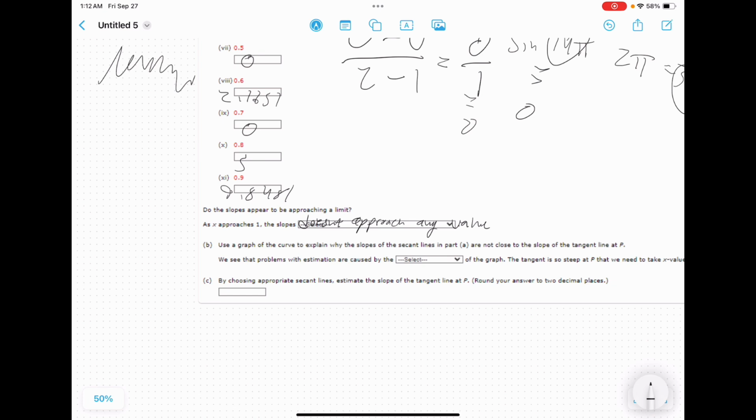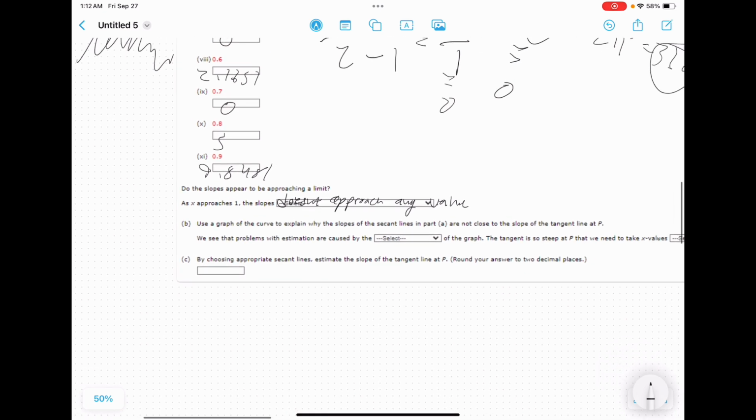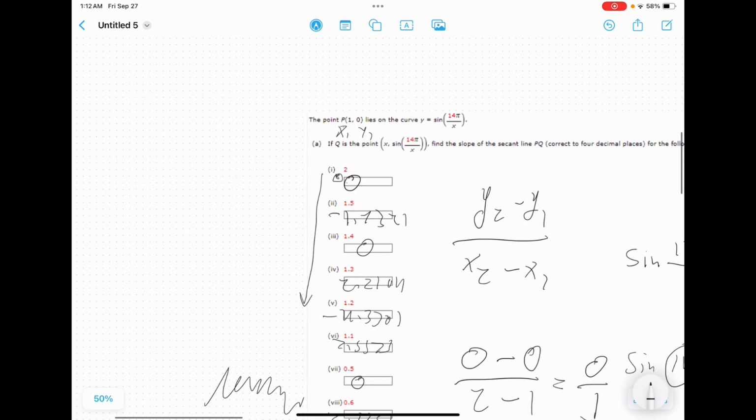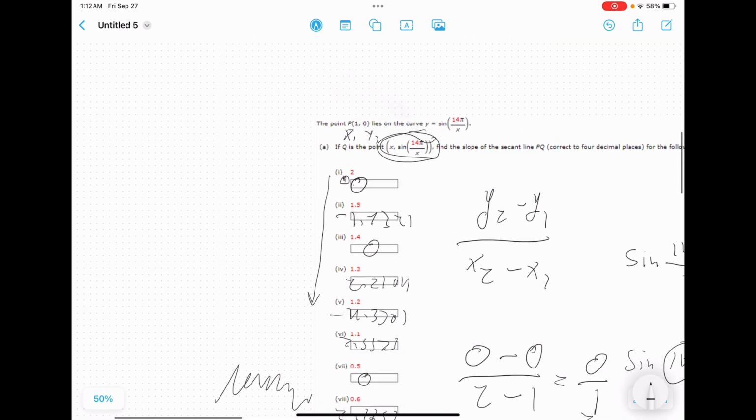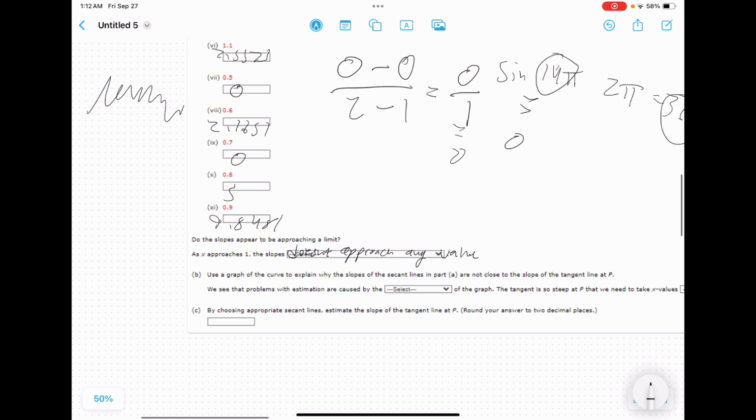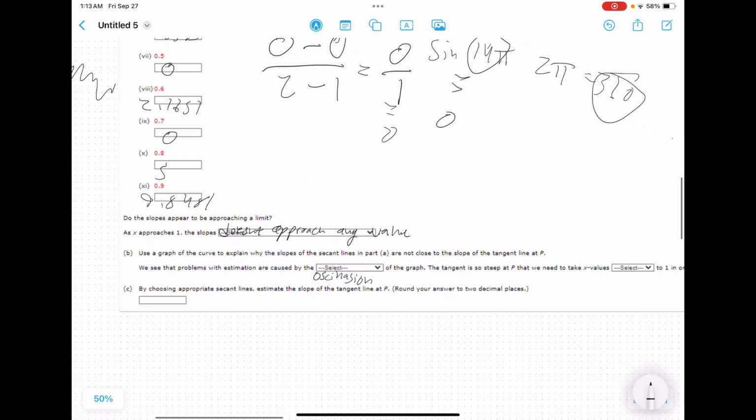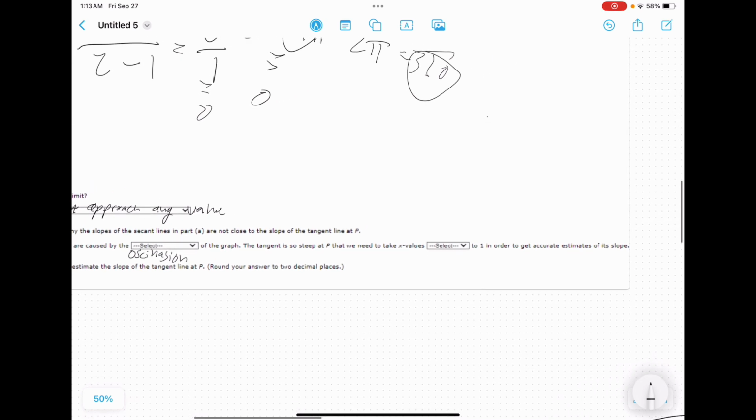Because it's not approaching any value, if you were to plug this equation into Desmos, or graph it, what you would notice is that oscillations would form. And these oscillations would cause us to not be able to actually find an accurate estimation.